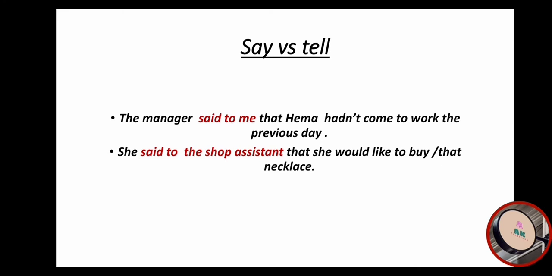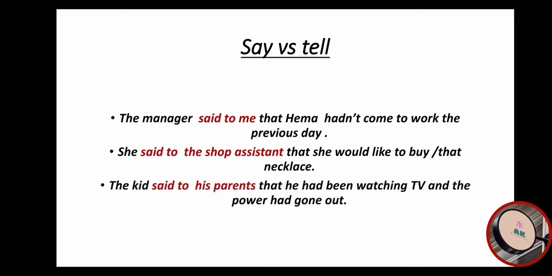Okay, both sentences have no back shifting. So here the kid said to his parents that he had been watching TV and the power had gone out. So what's the rule, children?